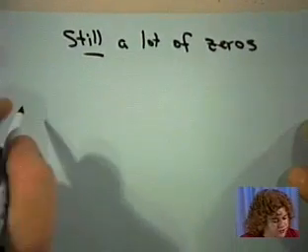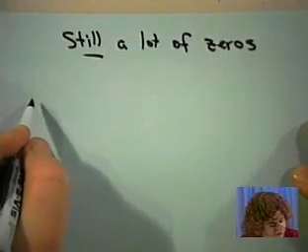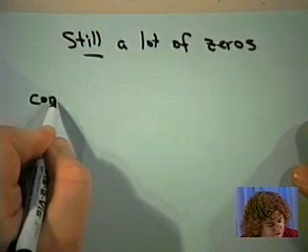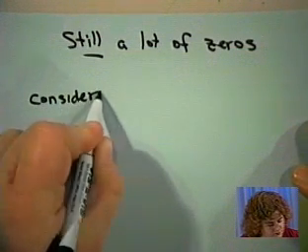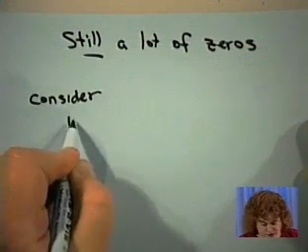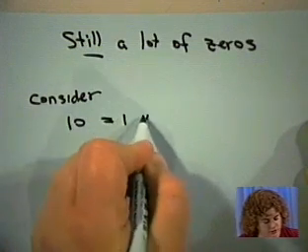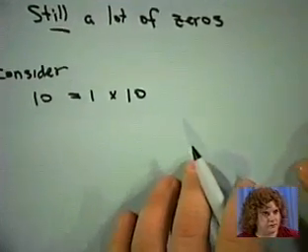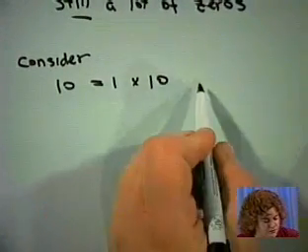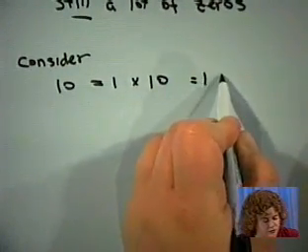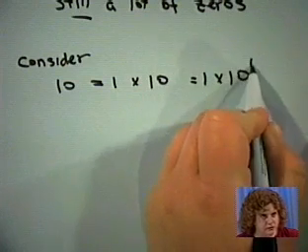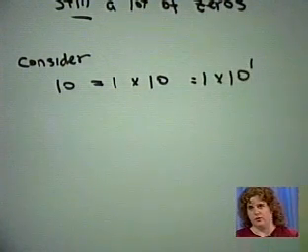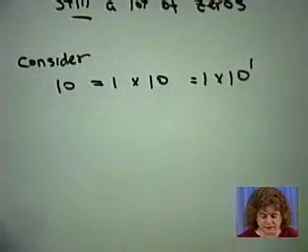Well, let's consider tens and multiples of 10. I could write 10 as 1 times 10 to the first power, because any number to the first power is just the number.